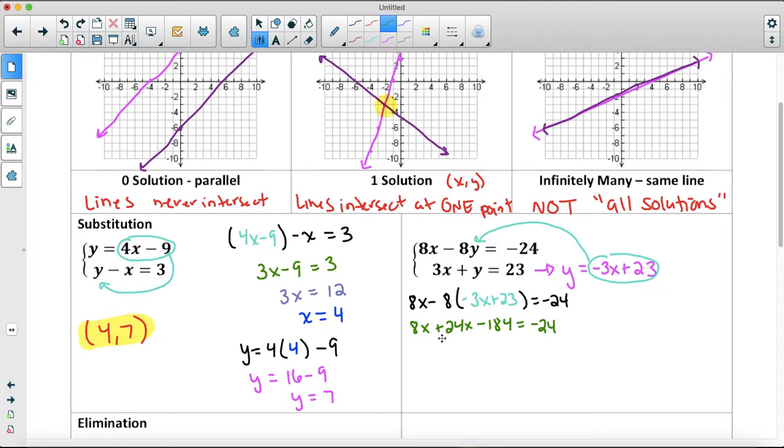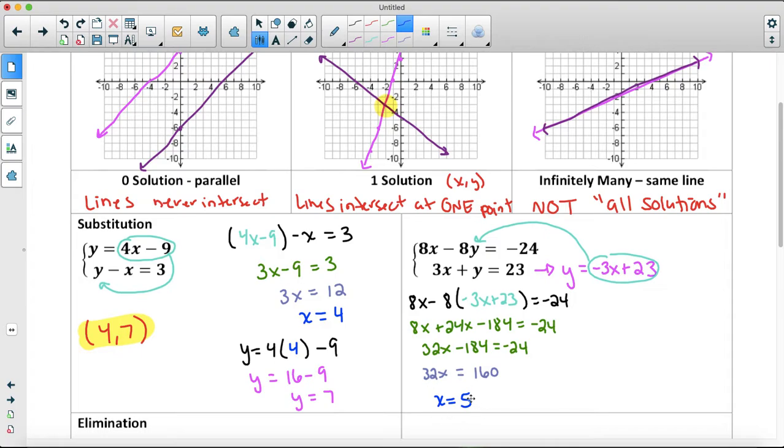We'll have 32x, I'll combine my x's, minus 184 equals negative 24. We will then add our 184 to the other side. We'll have 32x is equal to a positive 160. We will divide by 32, and we'll have x is equal to a positive 5.